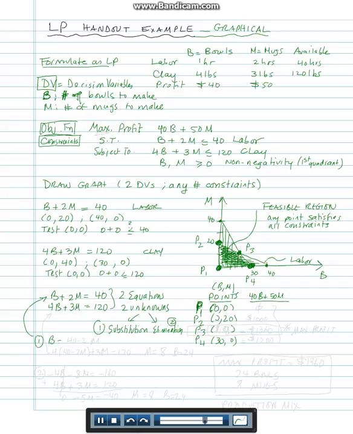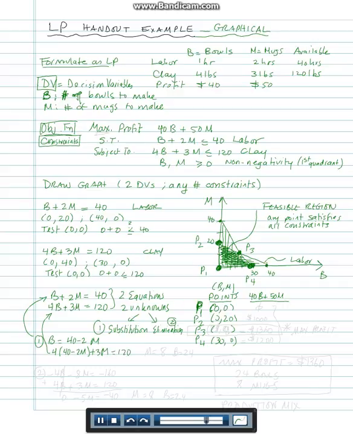So B is 40 minus 2M. And so now I have B. I come and plug this B into equation 2. So now I have 4 times 40 minus 2M plus 3 times M is equal to 120. So what do I have now?